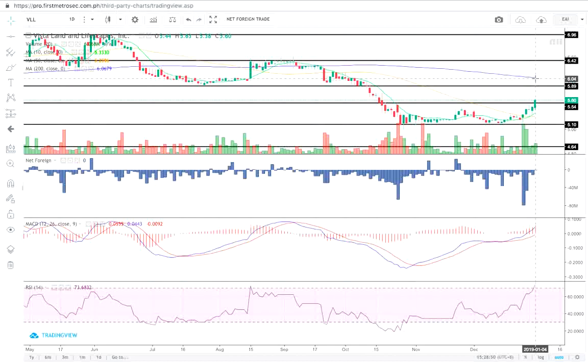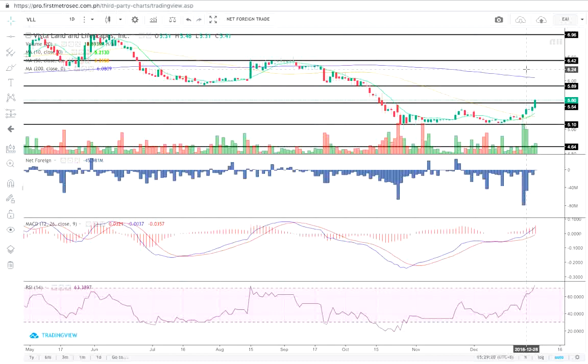Because that's the point where the 200-day simple moving average is positioned, this blue line. Better yet, if VLL could break out above 6.42, another resistance level, then VLL would have a better bullish position in the long-term time perspective.